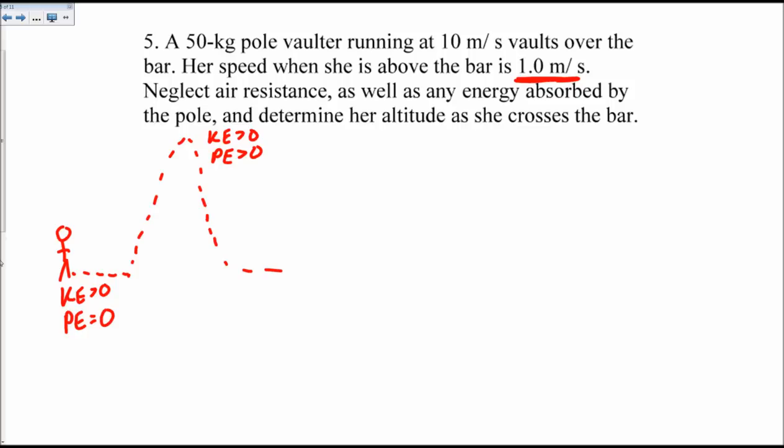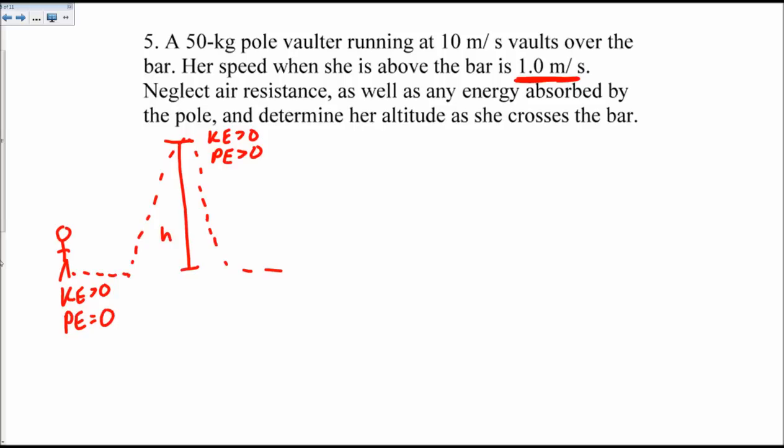She's traveling on a parabola, as in projectile motion. She has velocity in the x direction and the y direction. Her velocity in the y direction goes to 0, so the velocity in the x direction remains constant. It's 1 meter per second in this case.